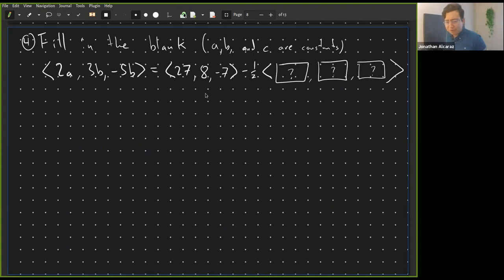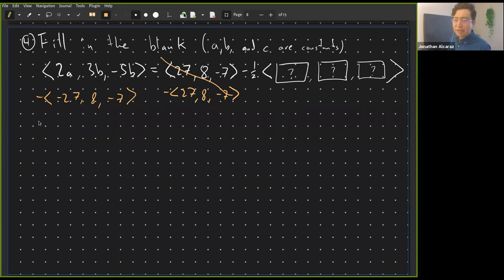Or what I'm going to do is manipulate this whole thing as one big equation. First, I'm going to subtract this vector here, 27, 8, negative 7, from both sides, just like if we were solving a regular old equation. Again, we're solving for these blanks here. Over here, they cancel.